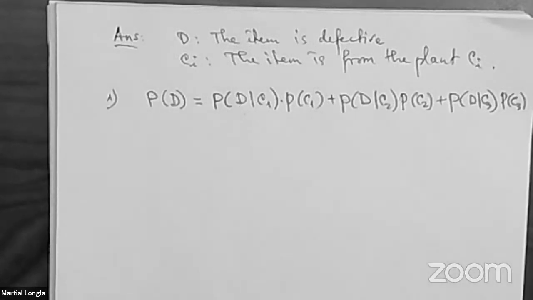We need 6 numbers. Where do we find those 6 numbers? From the problem. The problem says 10% is produced at C1. So what is the chance that an item comes from C1? 0.1. That's it. So you turn the percentages into probabilities.